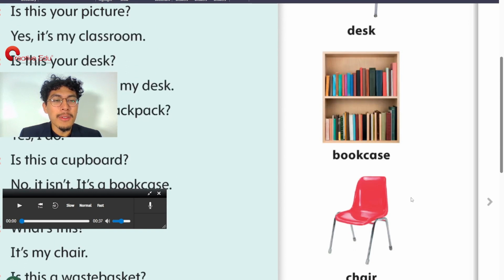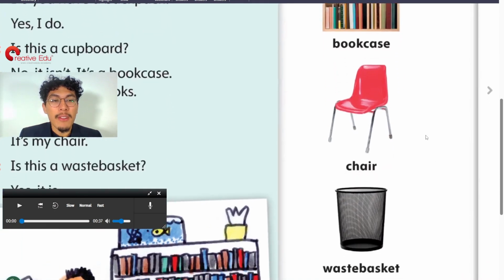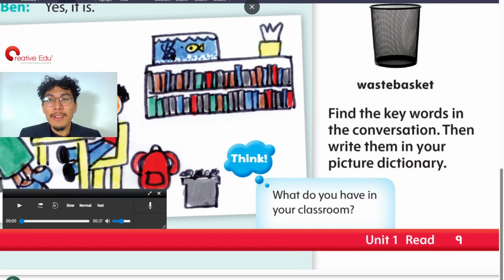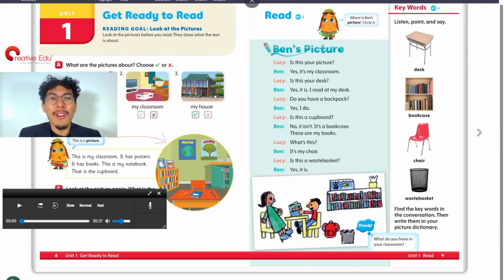Number 2, bookcase. Number 3, we have chair. And number 4, we have wastebasket.